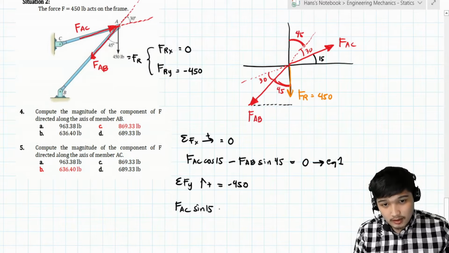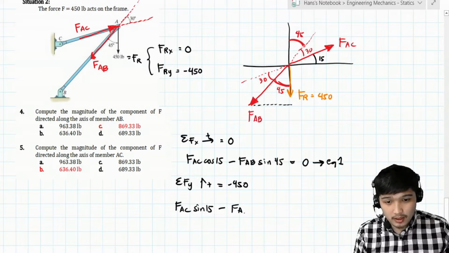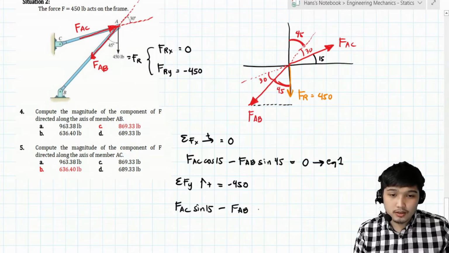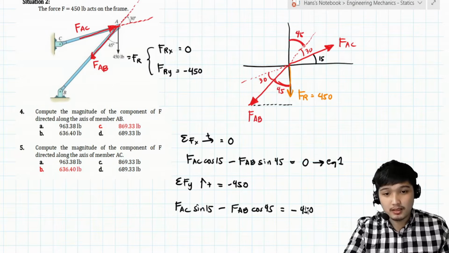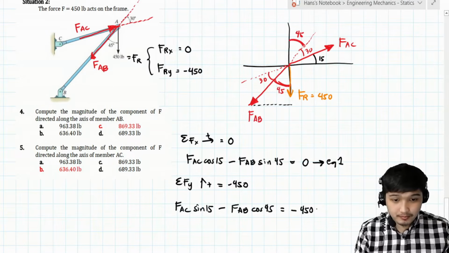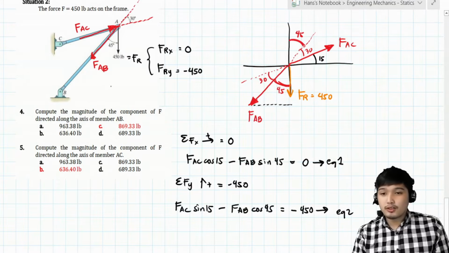And then, yung FAB, downward, so negative. Negative FAB. So, considering yung angle na 45, so that is cosine 45. So, sabi natin dapat negative 450. Kita pa ba? Kita pa. So, equation 2.